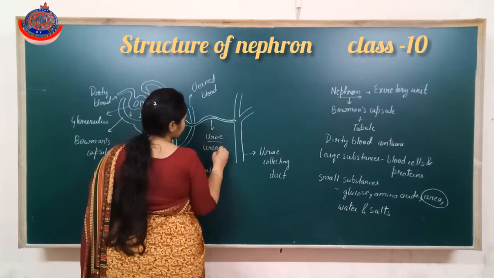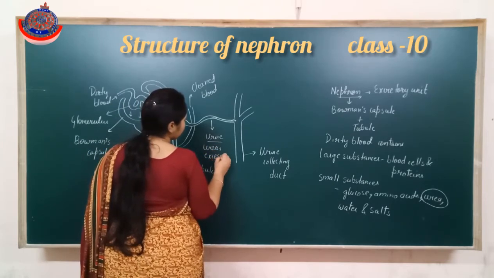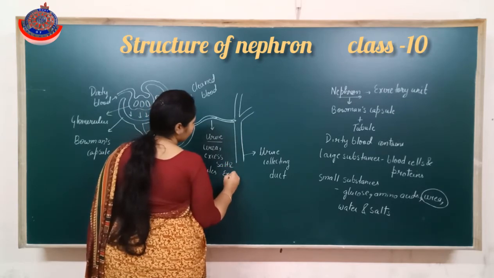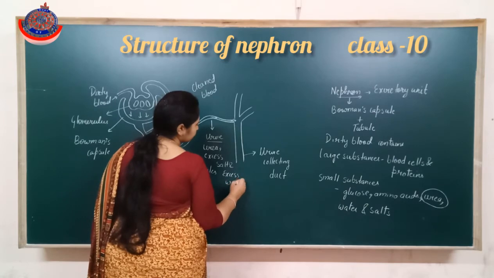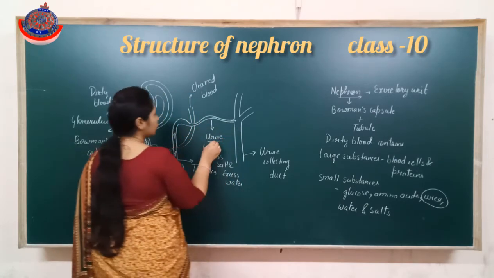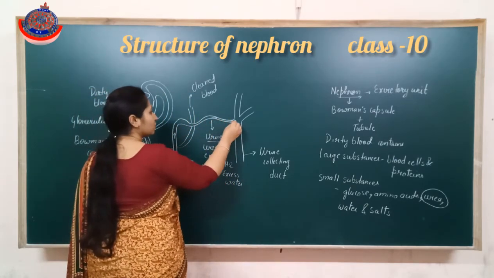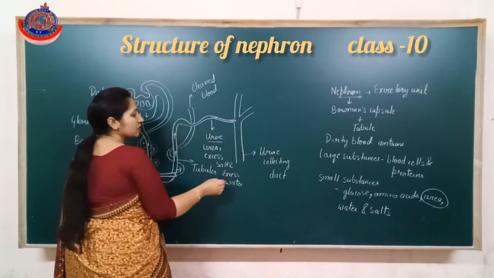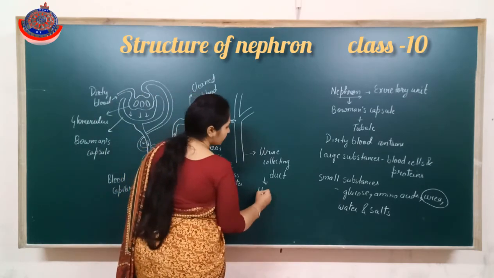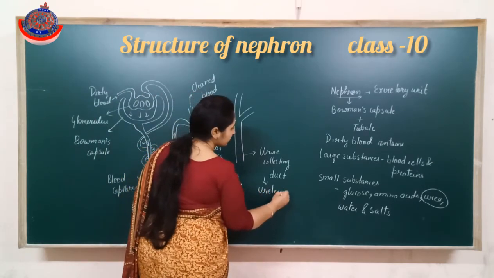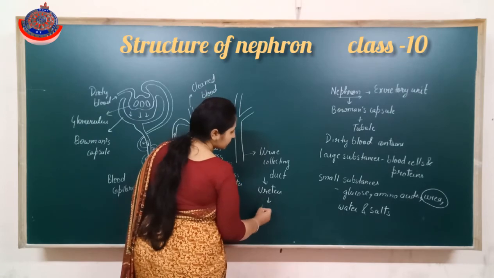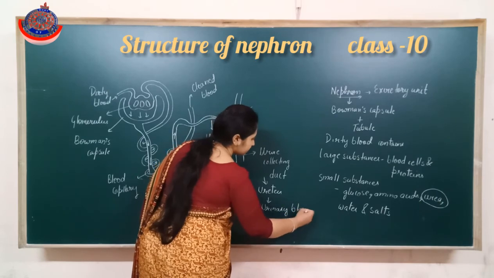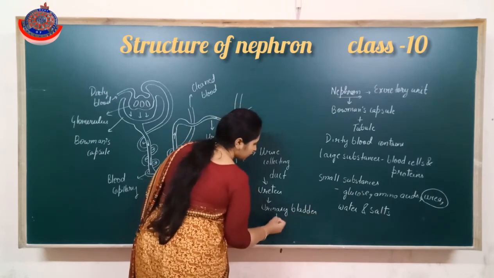Urea, excess salt and excess water, which will form urine, and through this it will enter the urine collecting duct, and from the urine collecting duct it will enter the ureters, then from the ureters the urinary bladder.